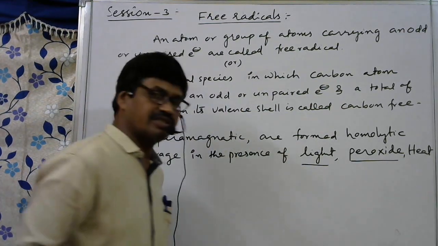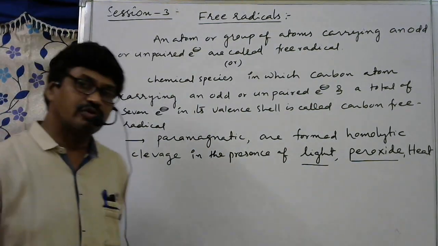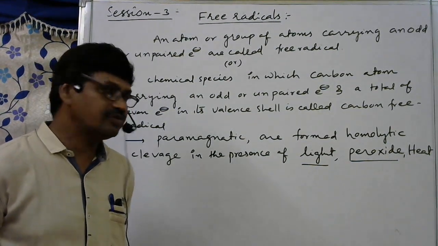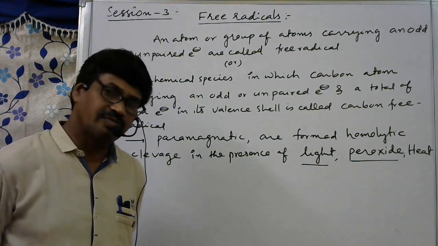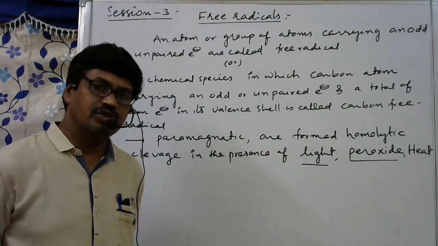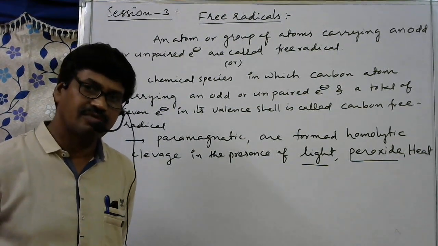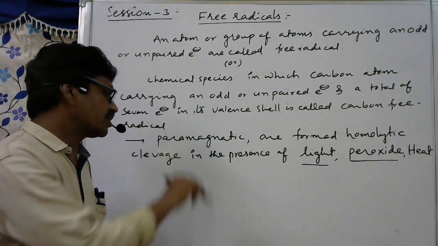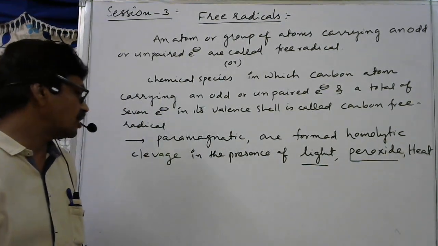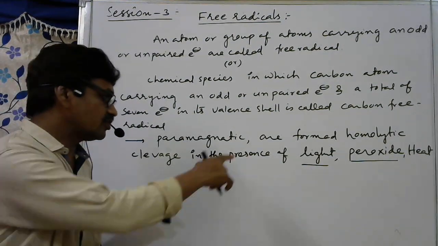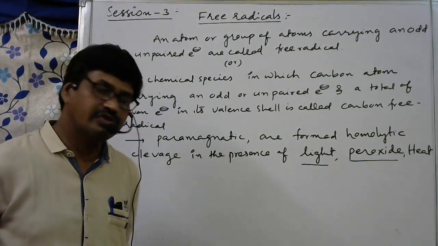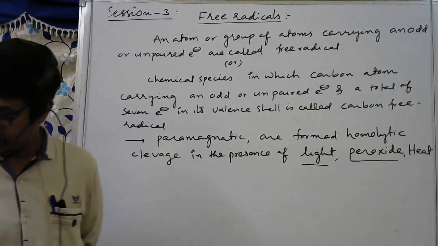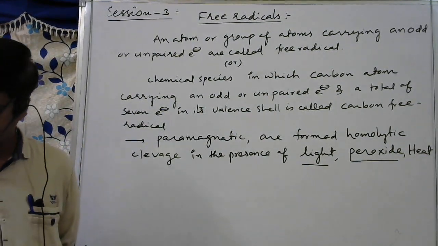For peroxides we have to give more than 400 degrees centigrade. In the presence of light, it may be UV light, or any peroxide initiators like benzoyl peroxide or alkyl peroxides we can take. So free radicals are paramagnetic and are formed by homolytic cleavage in the presence of sunlight or UV light or peroxide, otherwise whenever heated to very high temperatures.